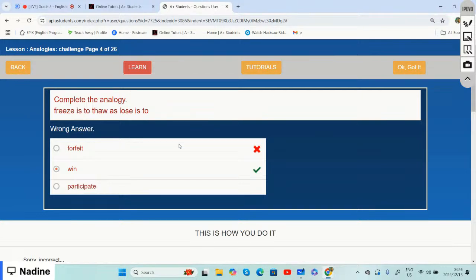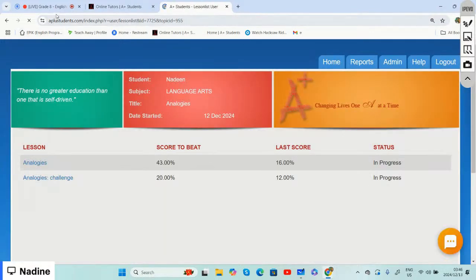It's actually win, which means that they gave us the opposite of that word. So what you need to do is, when it comes to the relationships that analogies show, they will either show opposites in meaning, they will show the same in meaning, they will show cause and effect, right? Or they'll just put something that goes with each other.